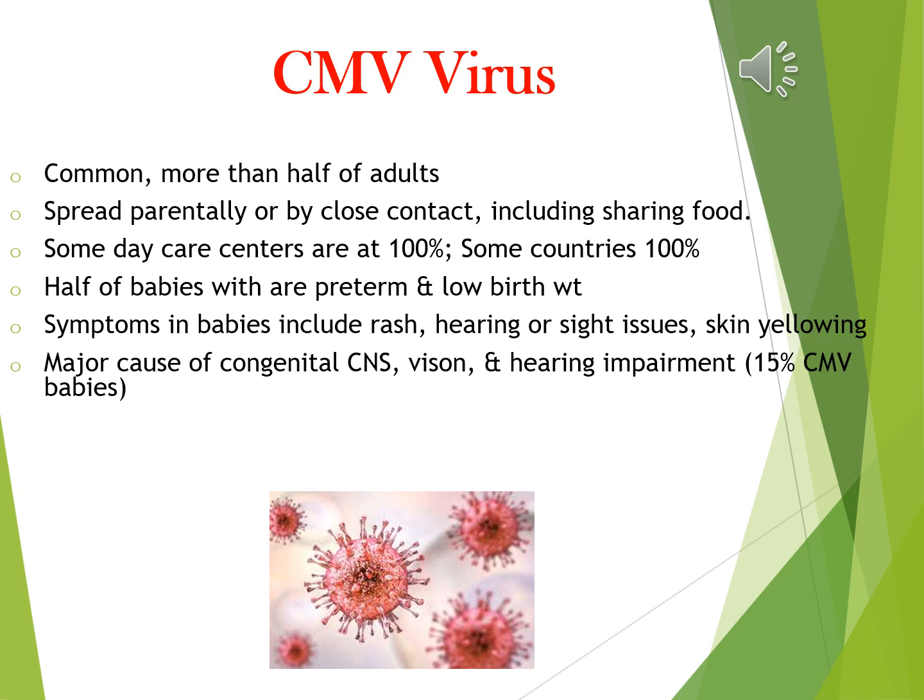It's a major cause of congenital, that means born with, vision issues, hearing issues, and in general, severe nervous system issues. So although it's usually not an issue at all, it has the potential to be quite serious.